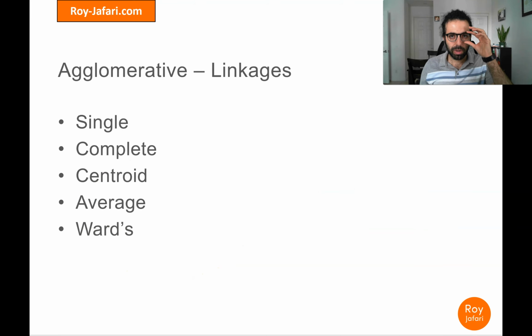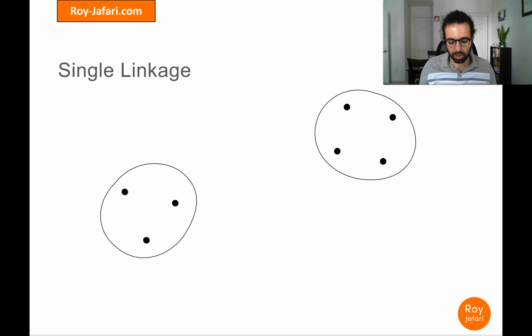So now let's talk about different linkage methods that agglomerative clustering and hierarchical clustering use. We've got single, complete, centroid, average, and Ward's. Within these examples, you will understand what we mean by linkage. So imagine that at some level during our clustering, we want to see the distance between two clusters.